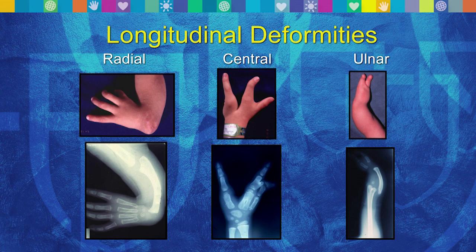When we're dealing with problems that involve not just the hand, but as you see in these pictures here, also the forearm, these are some of the differences that cause us to be concerned about other conditions. The image on the far left side there is a condition where the radius bone in the forearm fails to develop. And this can often be associated with problems in the spine, in the esophagus, and heart and kidneys as well.